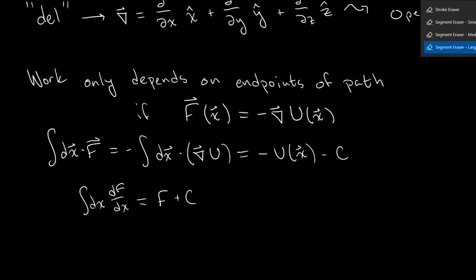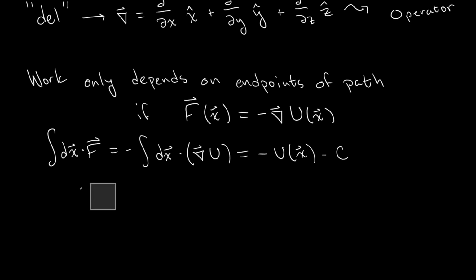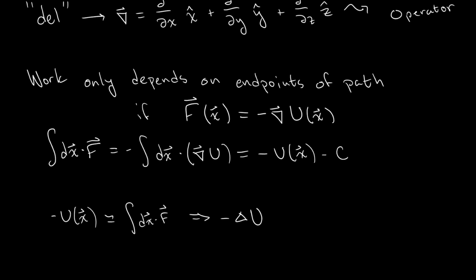So what we see is that minus u of x is equal to the integral of dx dot f, and I'll absorb the c into this integral for the time being, which tells me that minus the change in u is going to be equal to this integral along the path between the endpoints.